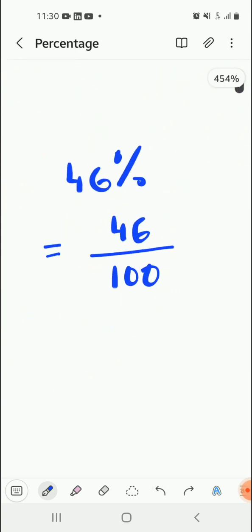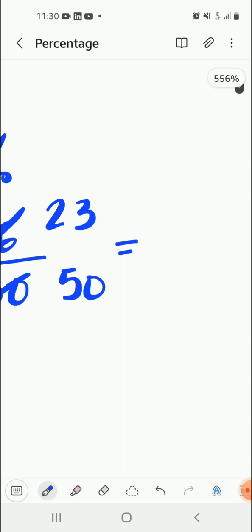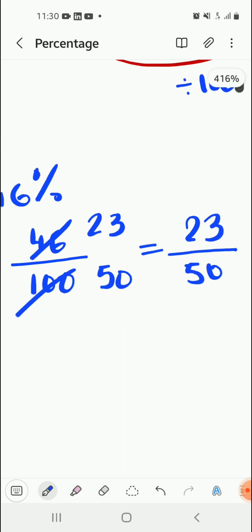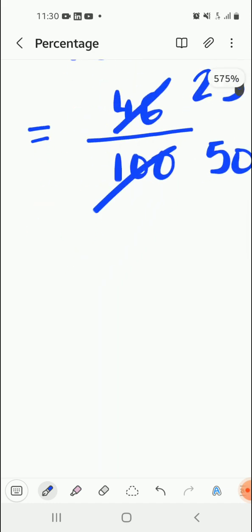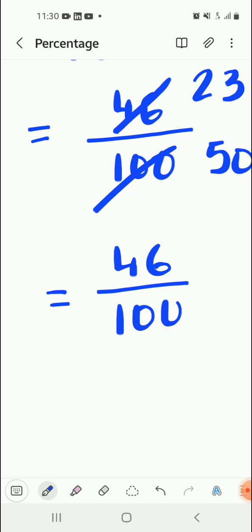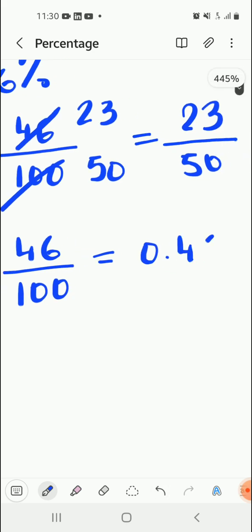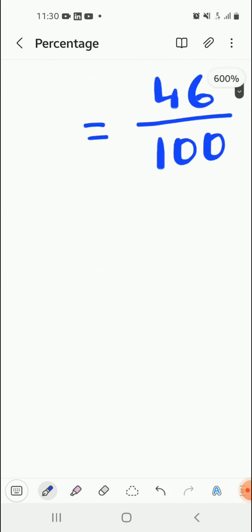Now we can reduce this, and it will become 23 by 50. So if we are asked to find its converted fraction, the answer will be 23 by 50. Or else, if we are asked to find the decimal, then 46 by 100, simply convert it. There are two zeros, that means it is 0.46, two decimal places. That's it.